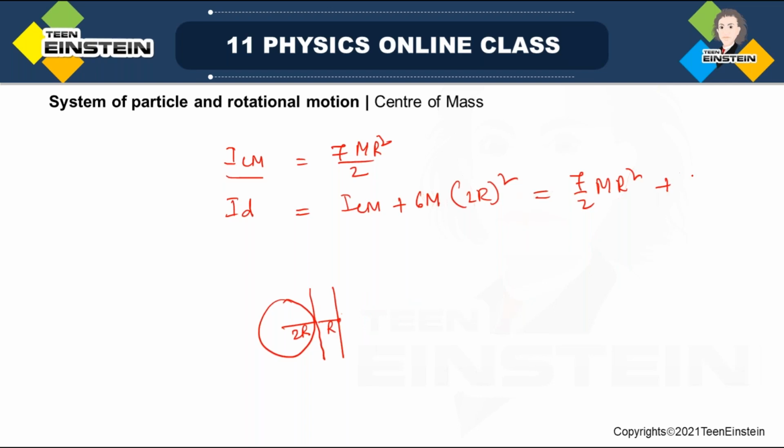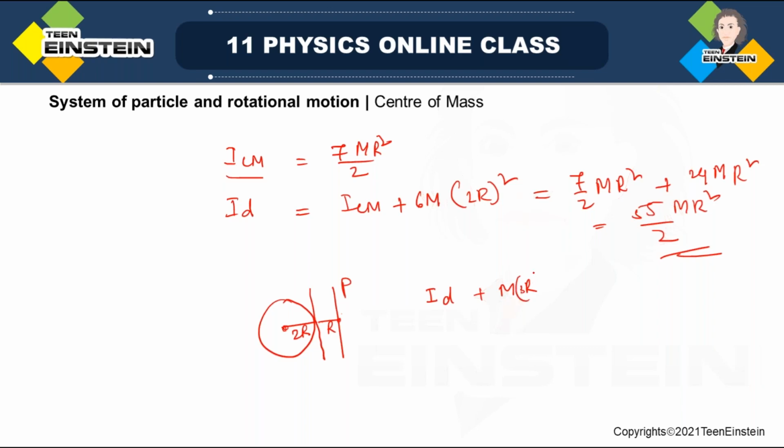So this is the point actually. So we have got here 55 mr square by 2, and this is the axis P. I have to get the moment of inertia. So ICM, or whatever we have got here, so ID plus M 3r square.